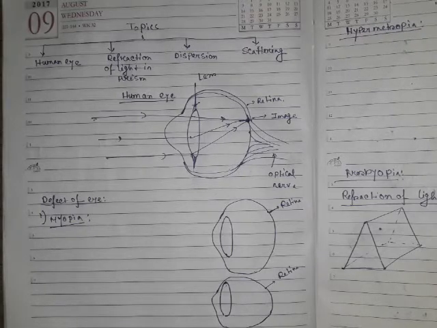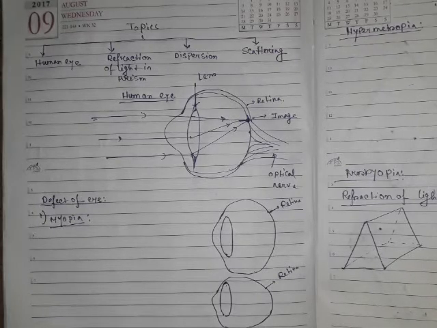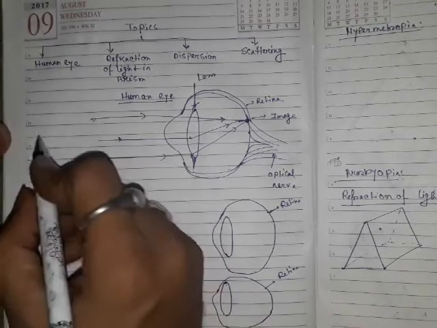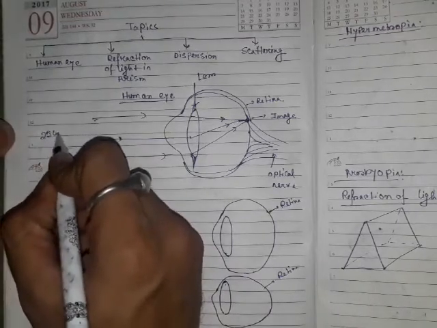But there is a limitation to the working of the ciliary muscle. It can't contract too much, or change the focal length of your lens by a big amount. So there is a limitation of our eye. What is that? There is a near point, which is 25 centimeters for the human eye.